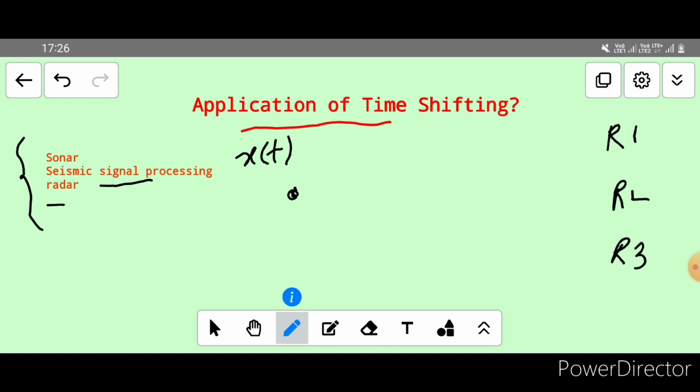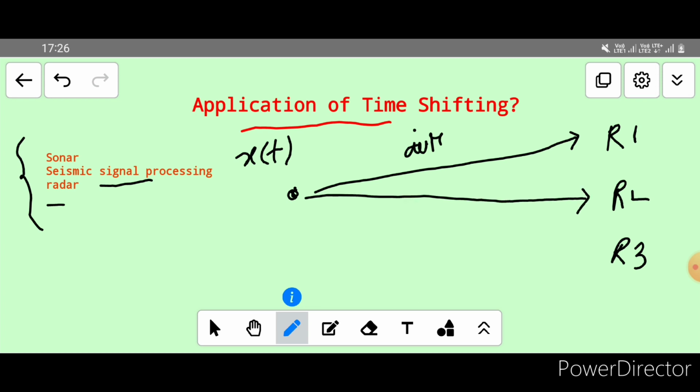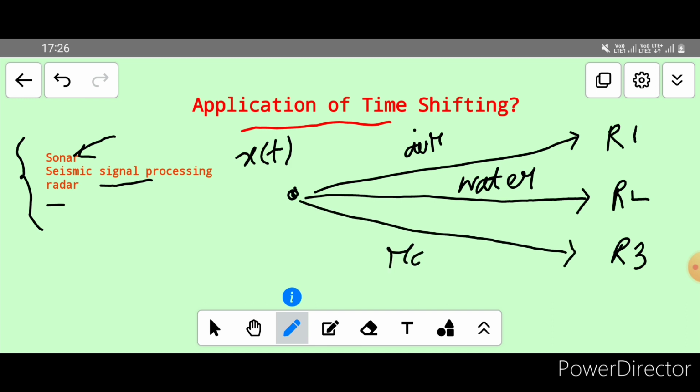The same signal may transmit through different media, suppose air, in case of sonar signal it may be water, and in case of seismic signal processing it may be rocks.